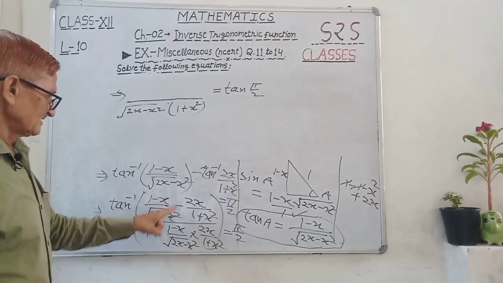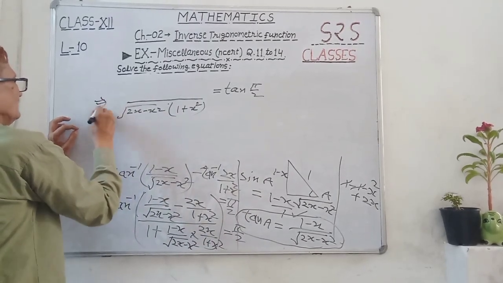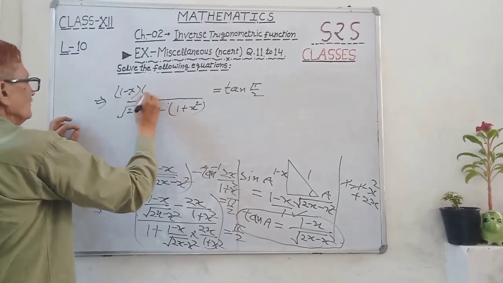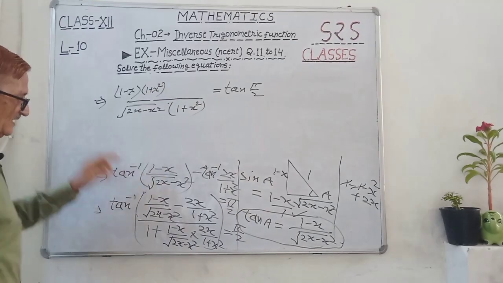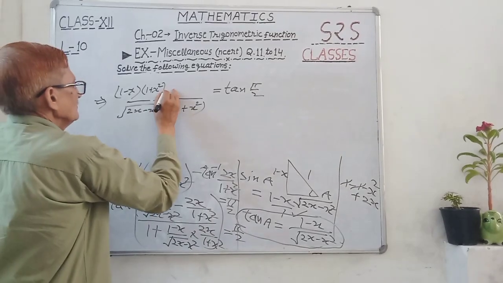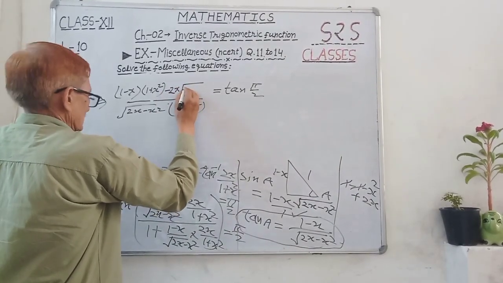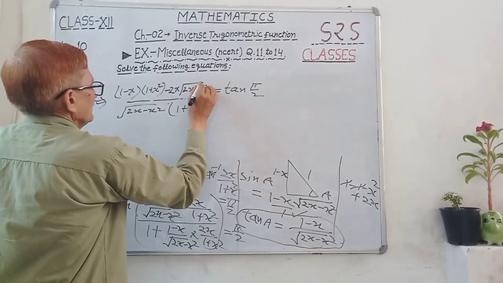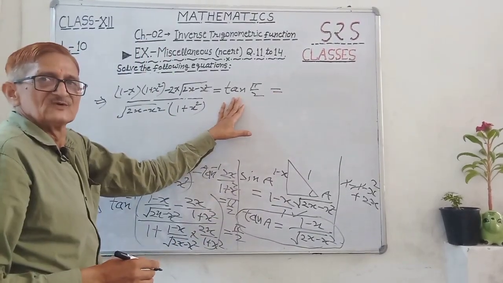Multiply numerator here and this, so it will be 1 minus x into 1 plus x square, and minus 2x into square root 2x minus x square. This is equal to tan pi by 2.